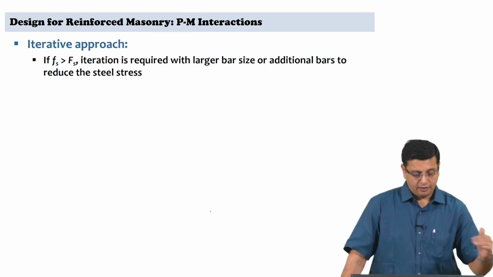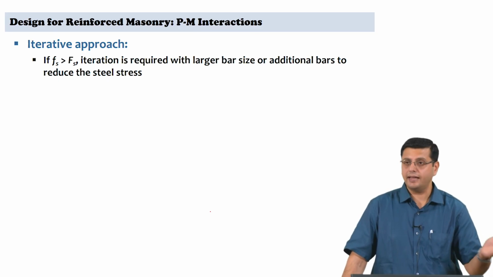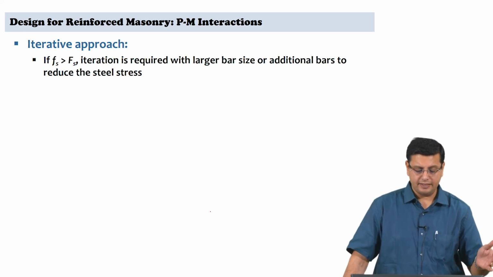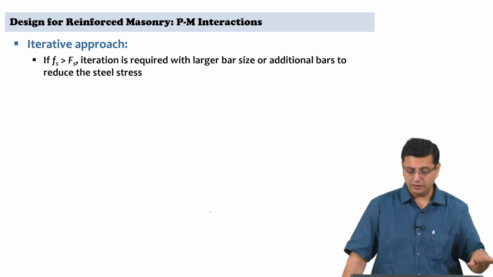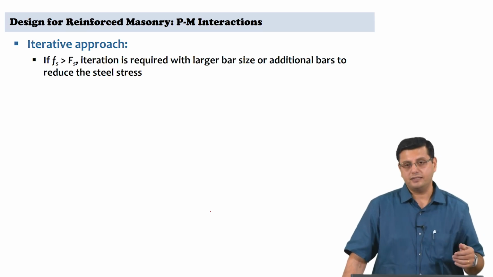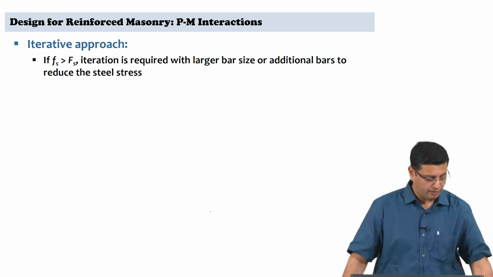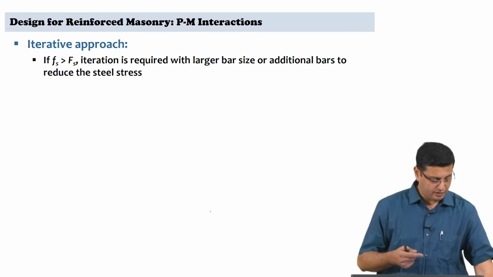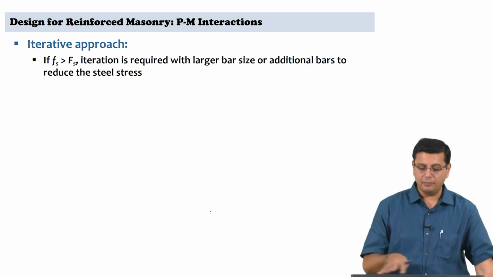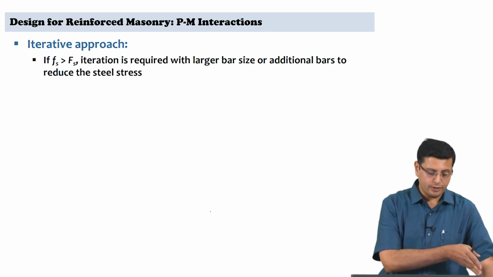So, here again the Fs that you have estimated, if it is lesser than the permissible tensile stress of steel, you can stop your iteration, but if Fs is greater, you basically have to look at changing the sizes of the bars, which would mean some changes in your configuration or the values of D dash. So, you might require additional bars or larger bars to account for Fs being less than or equal to the permissible Fs.